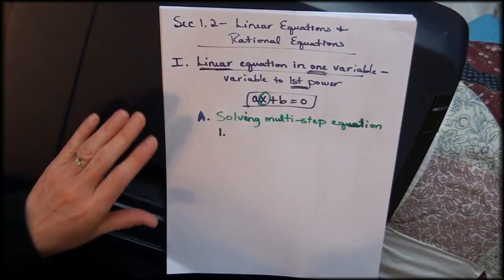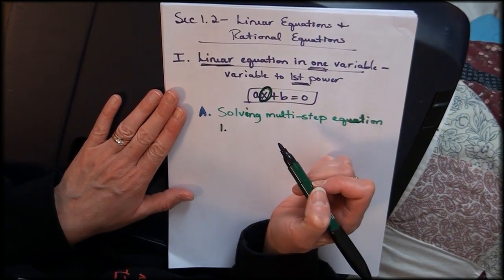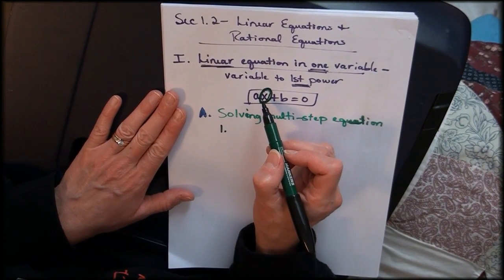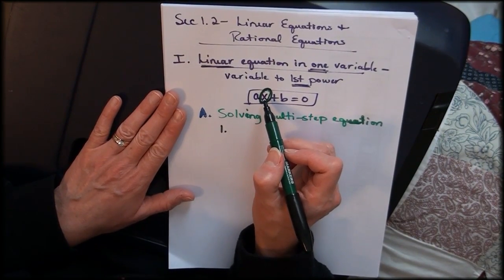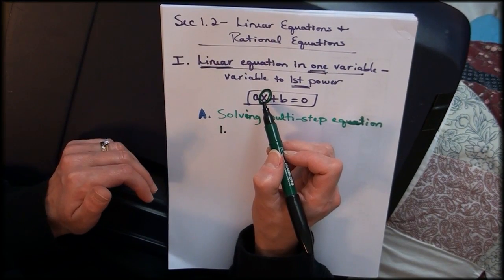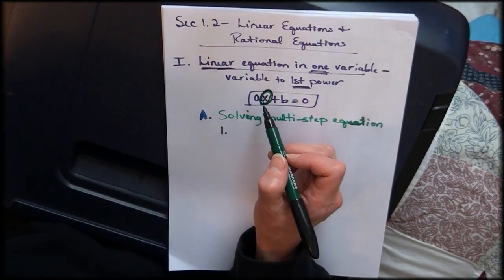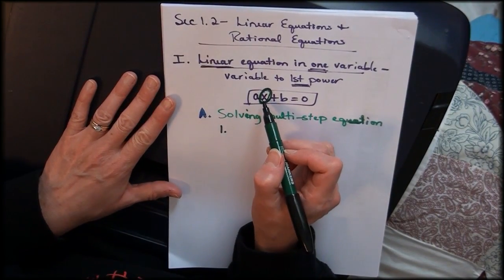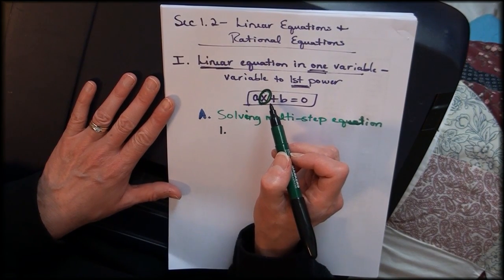And what you have to do is say, okay, if I knew what this variable was, and I knew the number that it represented, and I plugged that number in there, what would I do? You would follow order of operations, and then with your order of operations, you would either add, subtract, multiply, or divide, or raise it to a power. But essentially, if you knew what the number was and you plugged that number in there, then you would follow the order of operations to get your answer.